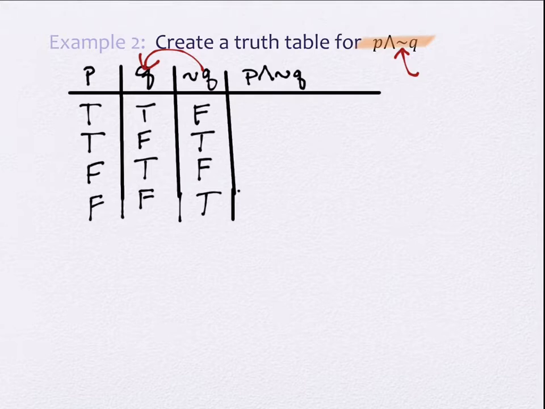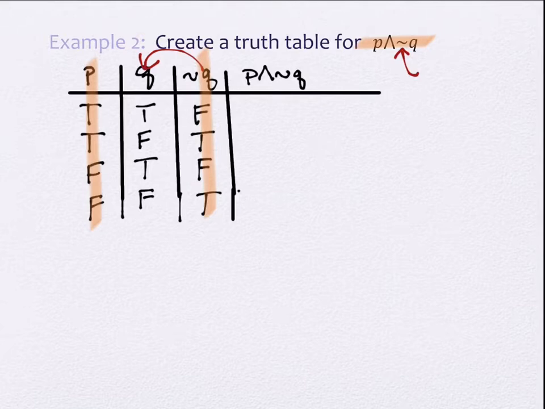Our last column then combines statement P and statement tilde Q, with the connective that's an and. So when is an and statement true? When there's two truths. But I don't need the Q column to do that, right? I'm ignoring my Q column as I'm making this choice.